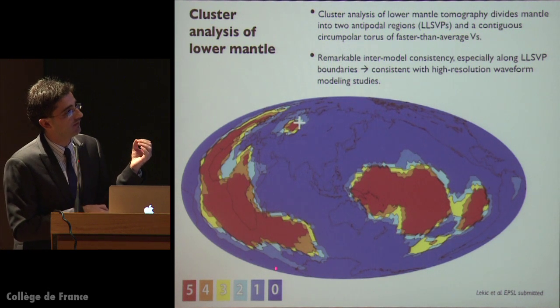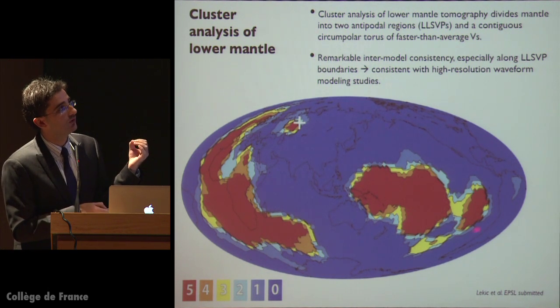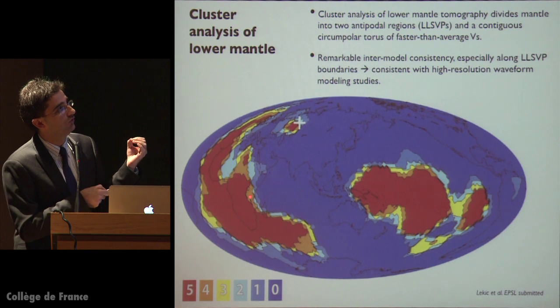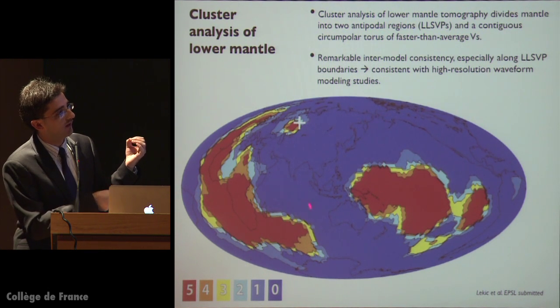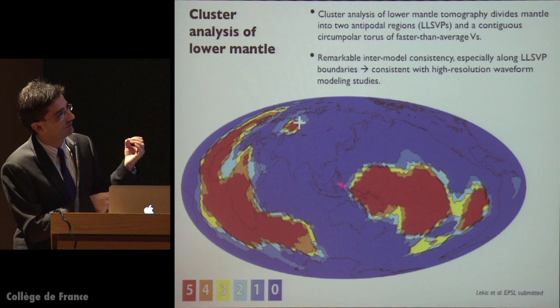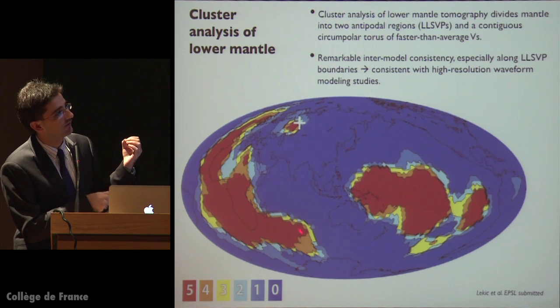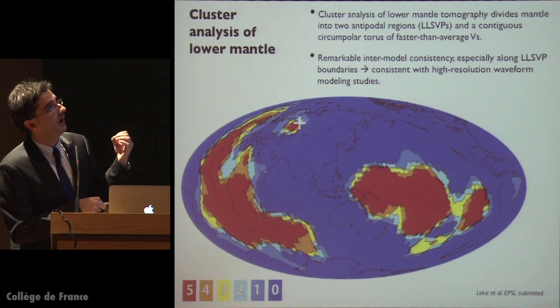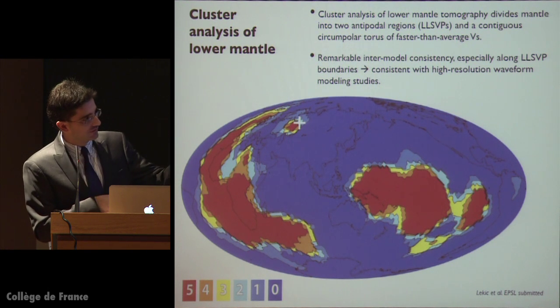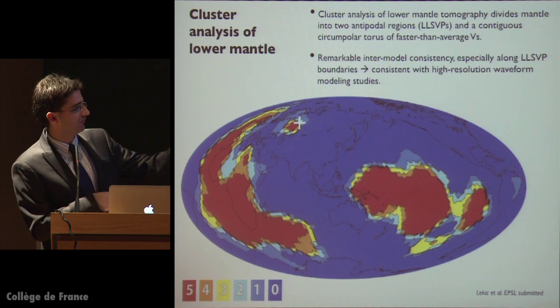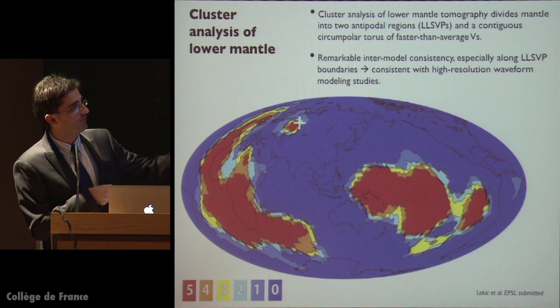Then the cluster analysis divides the world into two regions. One is a ring of faster than average velocities that goes around these 2 large low shear velocity provinces, the African and the Pacific one. Here you see the integers, you have numbers from 0 to 5.